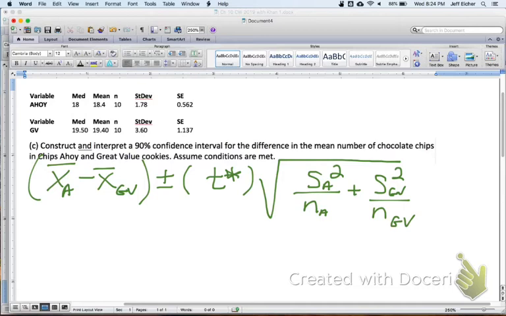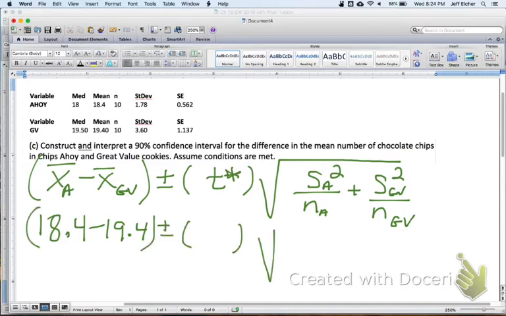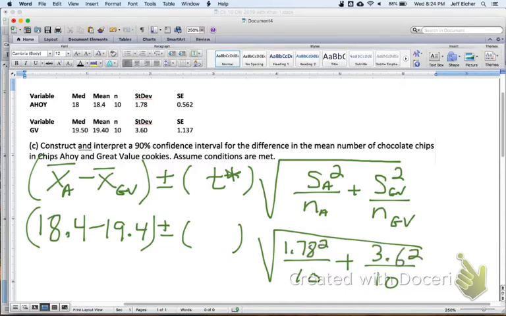Plugging the numbers in, we get 18.4 minus 19.4, plus or minus, we'll get t star in a second, times the square root, both are sample size 10, and we had 1.78 squared, 3.6 squared.